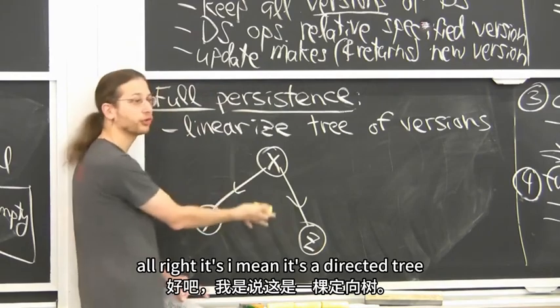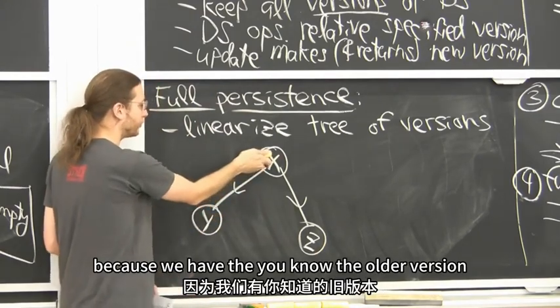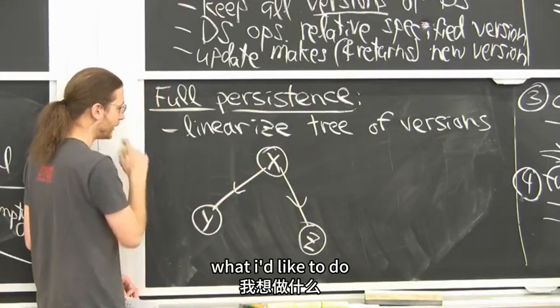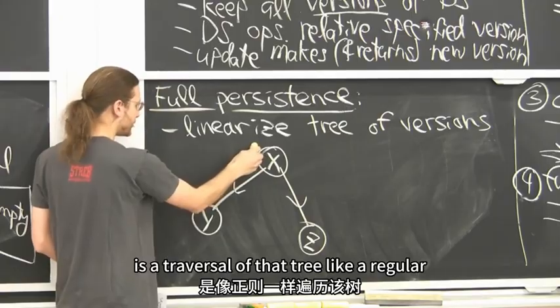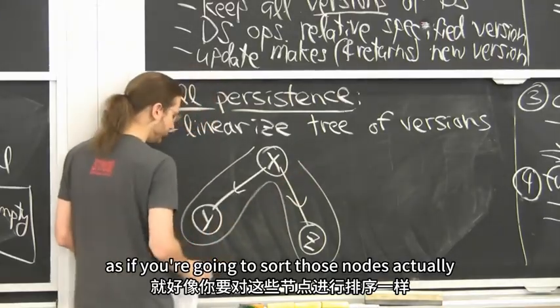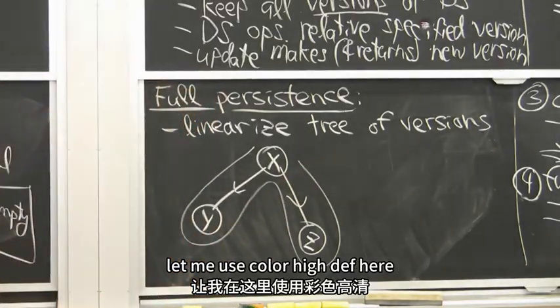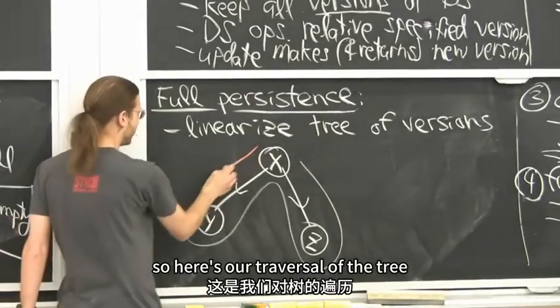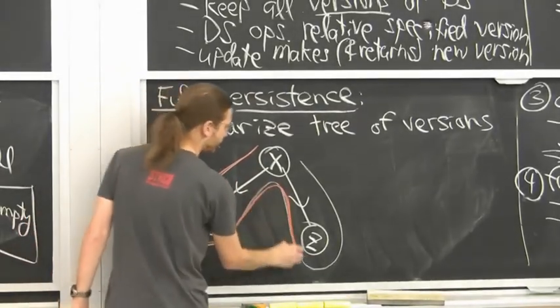It's a directed tree because we have the older versions. This is like the original version, and we made a change. We made a different change on the same version. What I'd like to do is a traversal of that tree, as if you're going to sort those nodes. So here's our traversal of the tree.